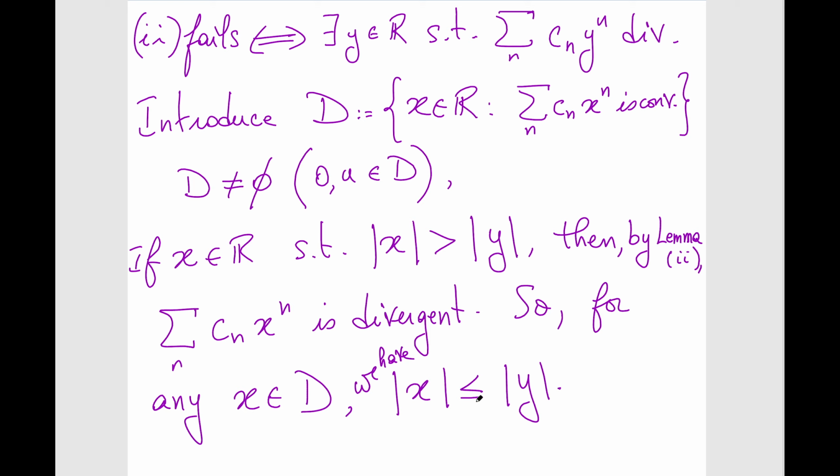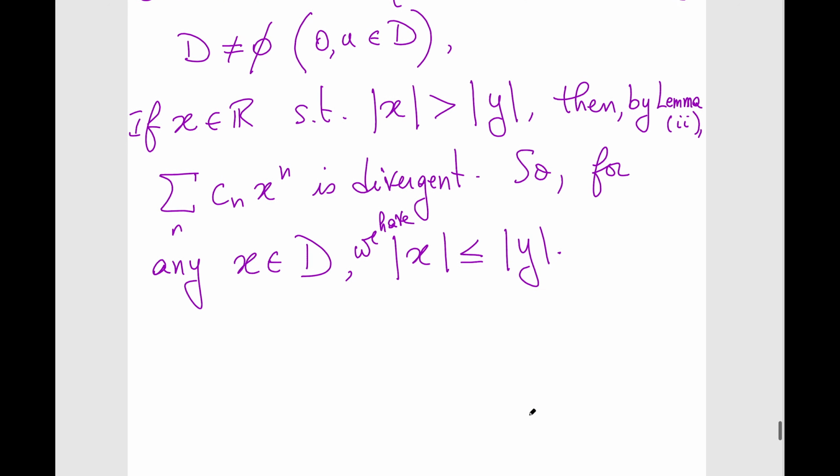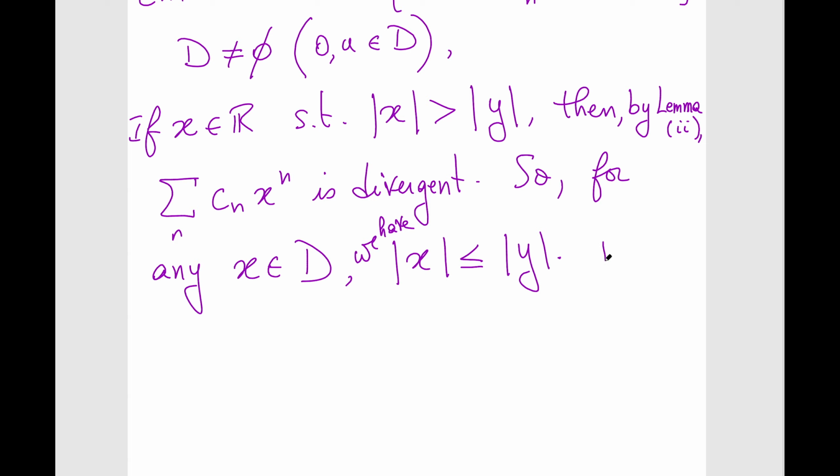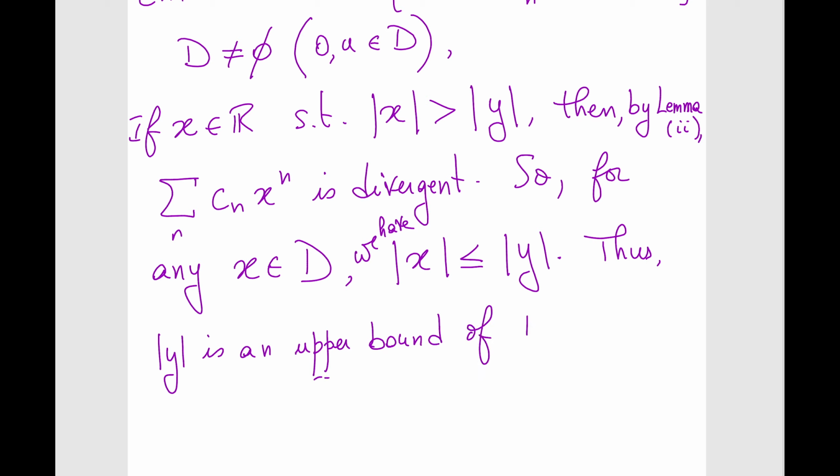Okay, so what does it mean? This means that every number in D is bounded above by the absolute value of Y. Correct? Every number in D is bounded above by the absolute value of Y. So thus, the absolute value of Y is an upper bound for D.